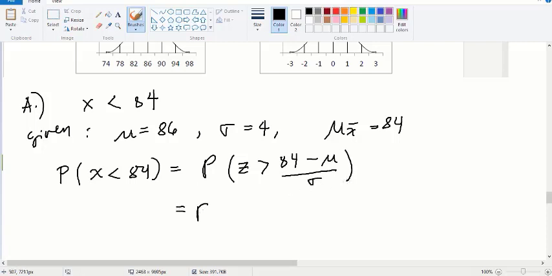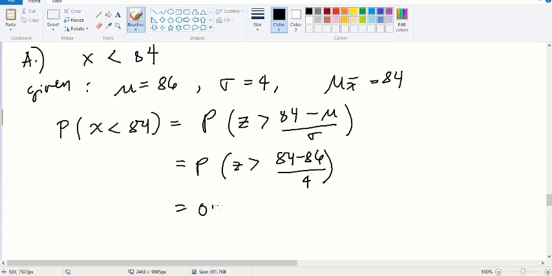Z is the standard score we will look for in the normal distribution. So 84 minus 86 over 4. 84 minus 86 is negative 2, right? Negative 2 divided by 4 is negative 0.5.